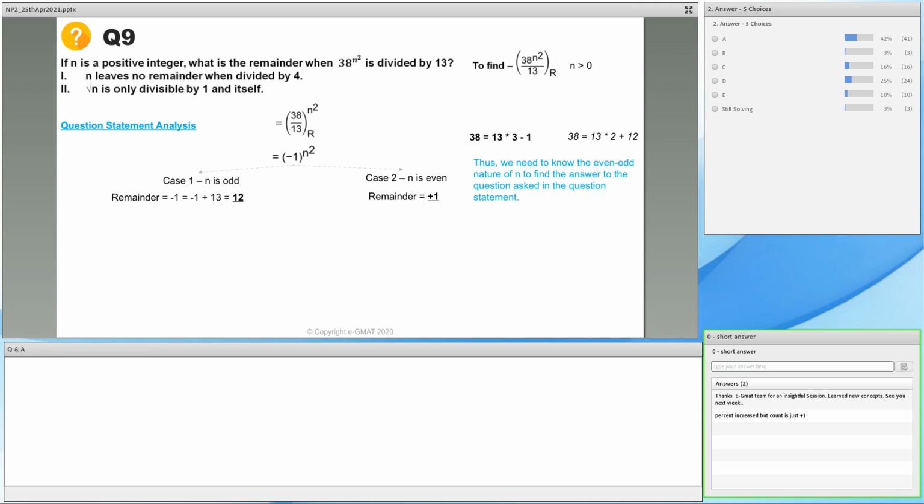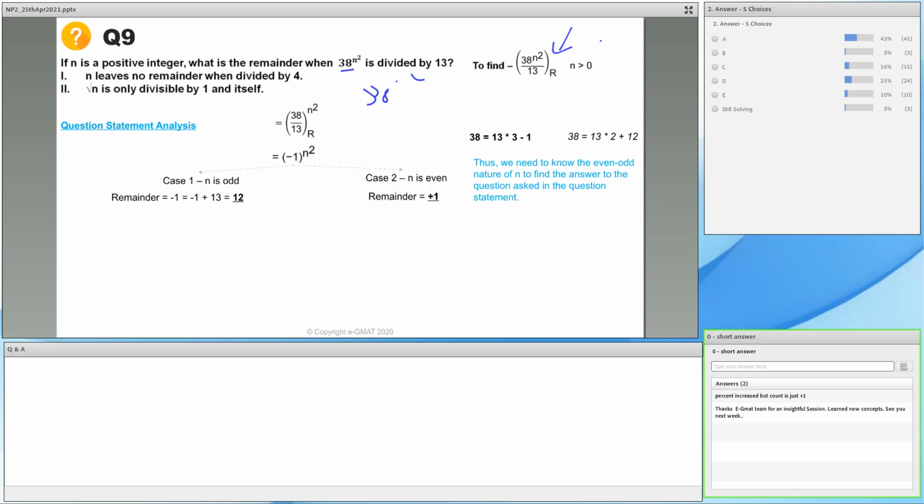Again, it's not very difficult once you understand it. If n is a positive integer, what is the remainder when 38 to the power n square is divided by 13? So simple. 38 to the power n square is divided by 13. We need to find the remainder. Given that n is greater than 0, it's a positive integer. What else do we need to do?